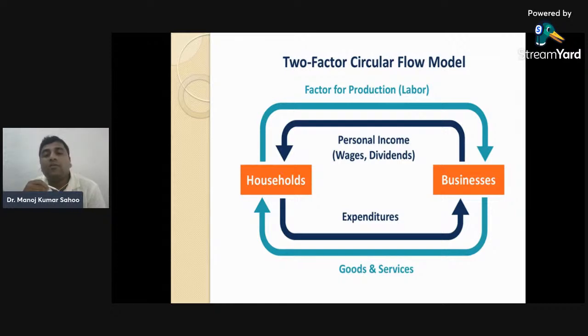So whatever income we earn through wages, that becomes the expenditure of household sectors, and it becomes the income of the business sector. So that means here income is moving from one sector to another sector. Okay, that is called the two sector model, circular flow of income.